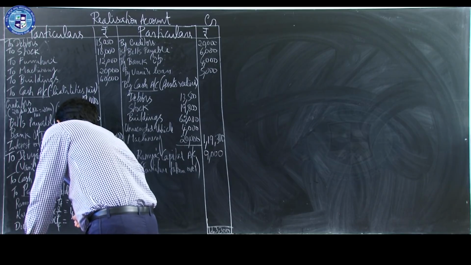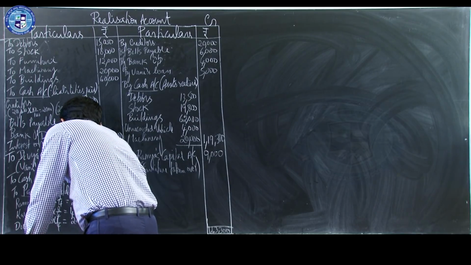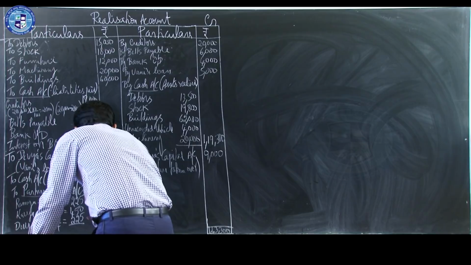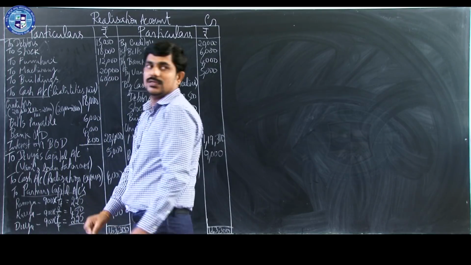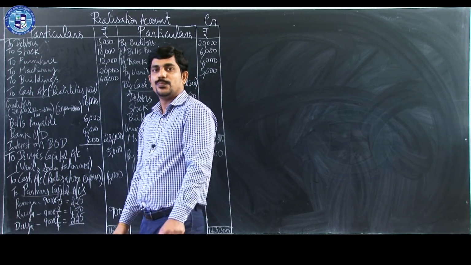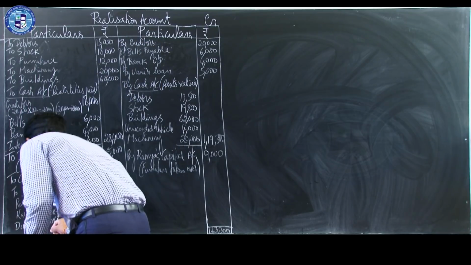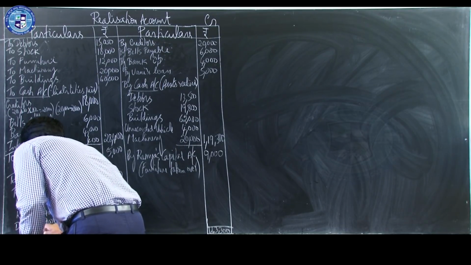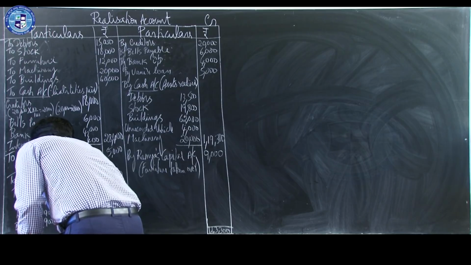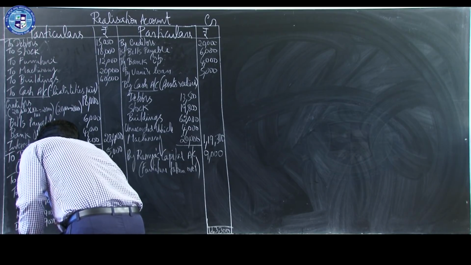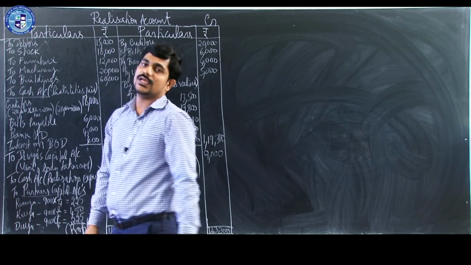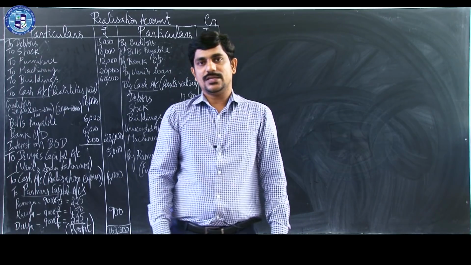And Divya gets 900 into 1/4, 225. So total 900. So what is this 900? Profit on realization.